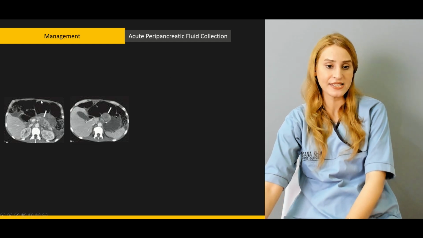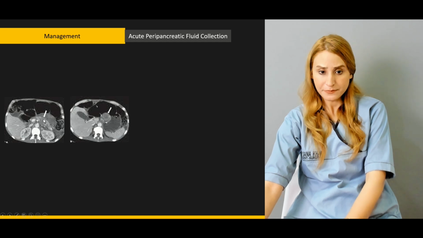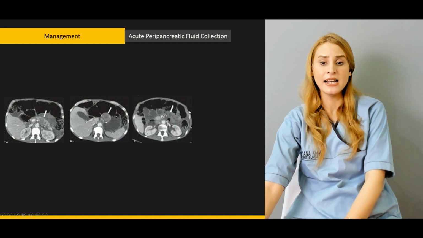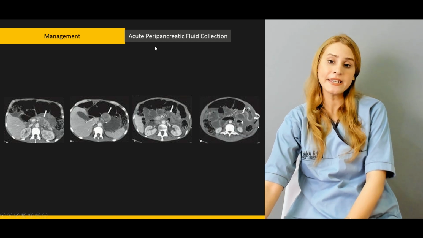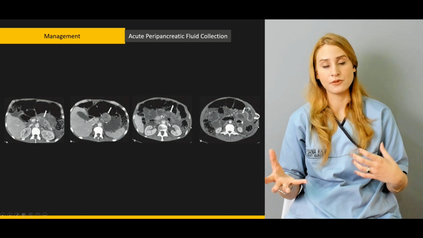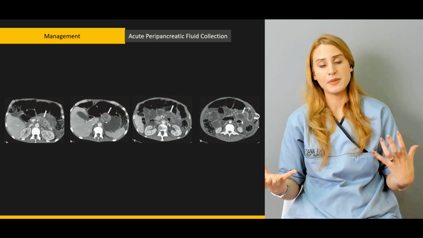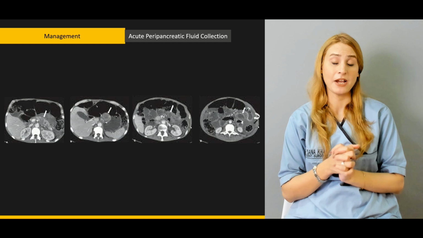So this is the contrast CT scan, and you can see here that this is the area of the pancreas, and this is the peripancreatic fluid, and somehow there is necrotizing pancreatitis as well. So again, for the acute peripancreatic fluid collection, you have to give good antibiotic therapy, and obviously you have to drain that fluid, which is very much important.